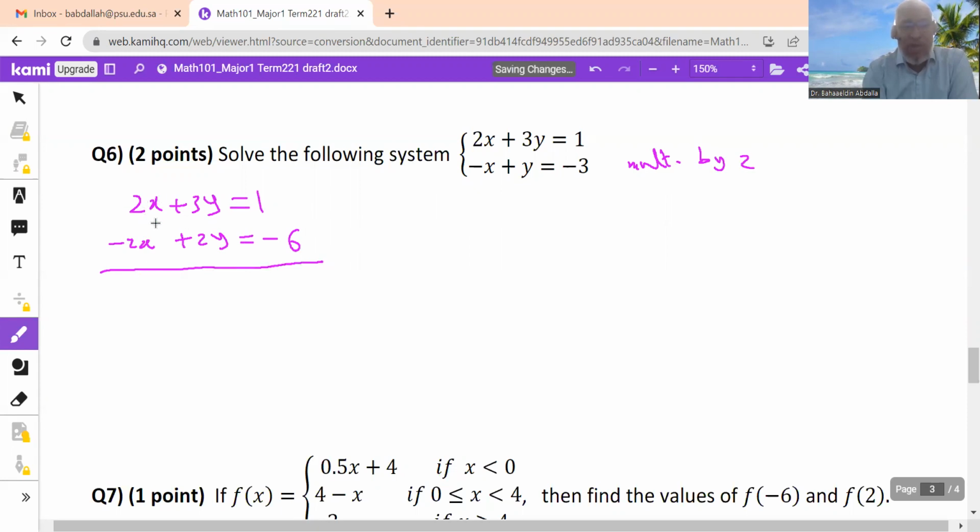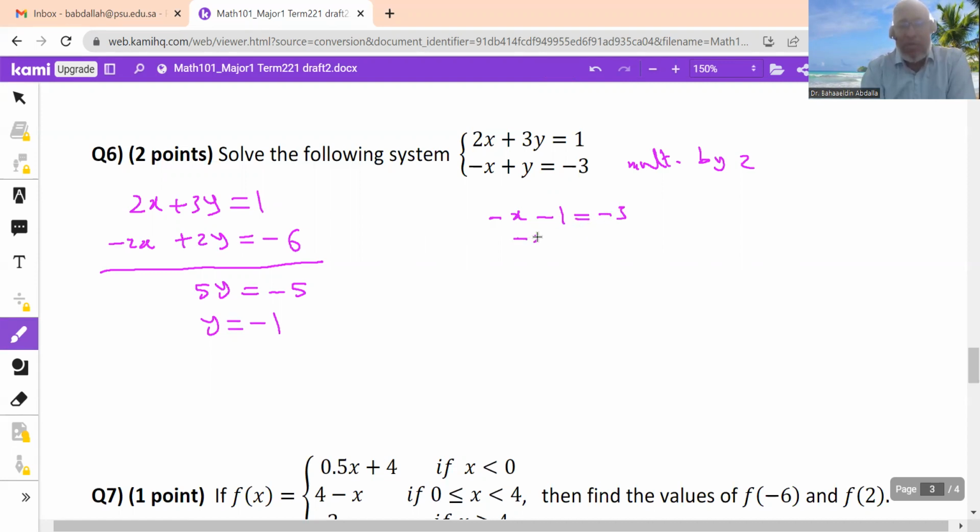So now we add: 2x minus 2x is 0, 3y plus 2y is 5y, and 1 minus 6 is negative 5. So dividing by 5, y is negative 1. And once I have y, I can put it in the second equation or in the first, but the second equation is easier for me. So I have negative x, and y is negative 1, equals minus 3.